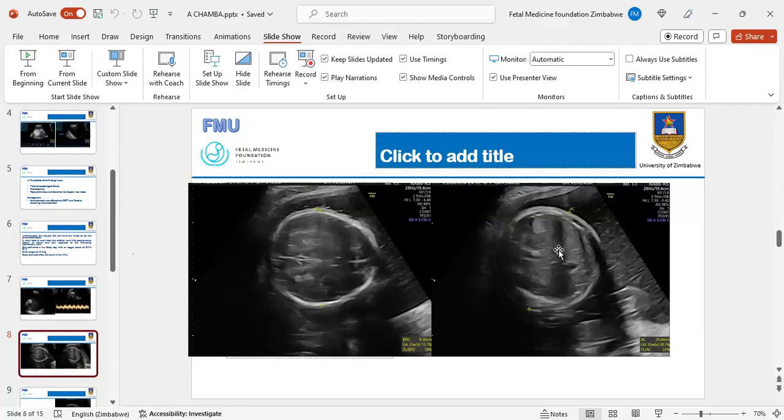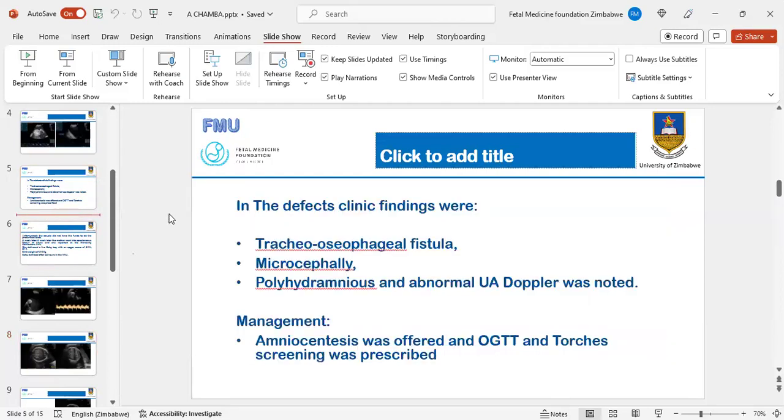In normal circumstances there should be a fluid-filled stomach bubble, but in this case we can see that there's no fluid-filled stomach bubble. They also discovered a tracheoesophageal fistula, and polyhydramnios was also noted, as well as an abnormal umbilical Doppler.